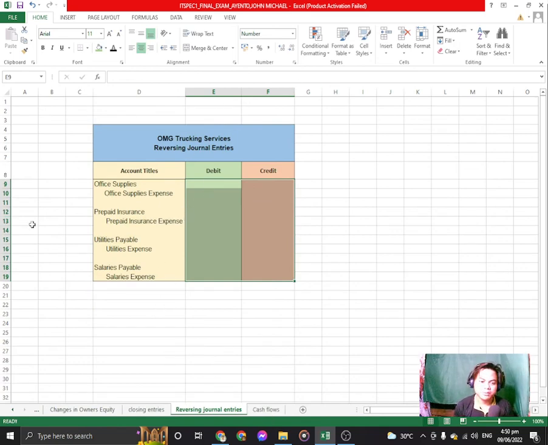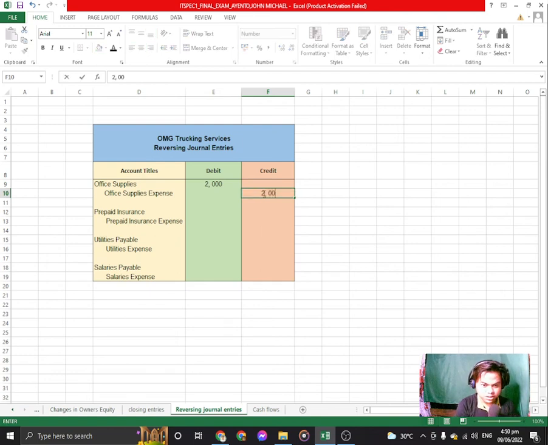Okay, I already created a table beforehand to make it easier. Okay, for the office supplies, we have 2,000 pesos. 1,000 pesos in office supplies expense, also 2,000 pesos. When for prepaid insurance, as earlier, guys, I prepared it beforehand so it is faster. We have the 46,000 pesos. And for the prepaid insurance expense, also we have 46,000 pesos.